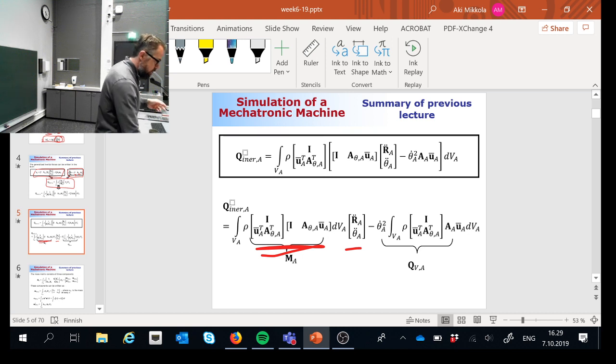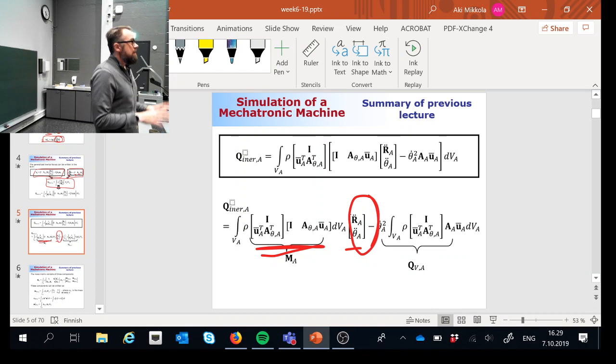Because this is what I really wanted to solve, and this is the way that I would like to express my equation of motion.